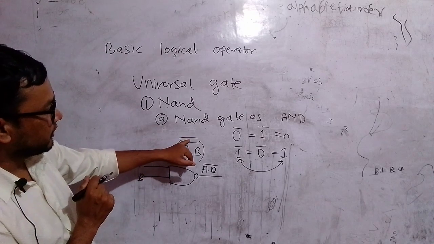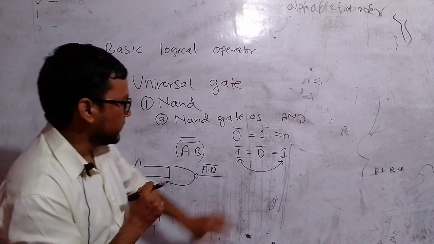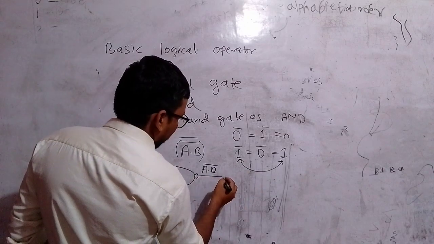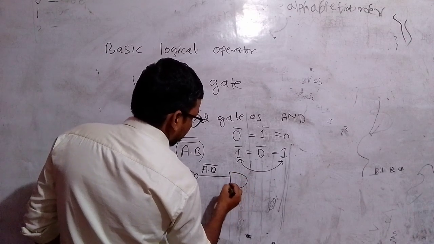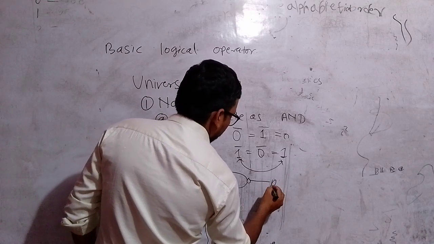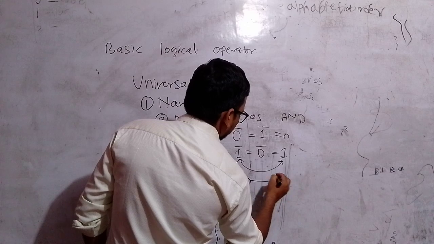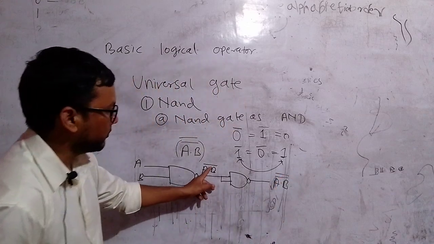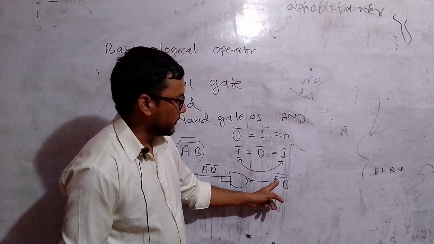Now we again need one inverter. That means we need to make one NAND gate as an inverter. We have already studied how to make this. We just need to join the two inputs, and this will produce the double complement of A dot B, because there is a single complement and this operation does one more complement.